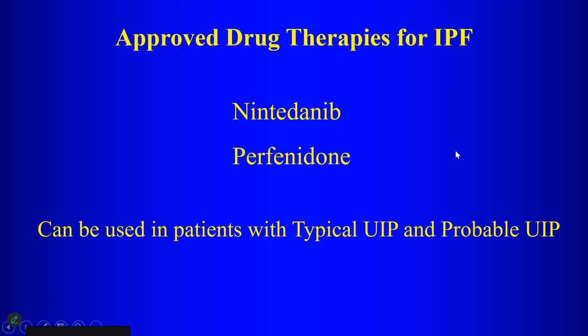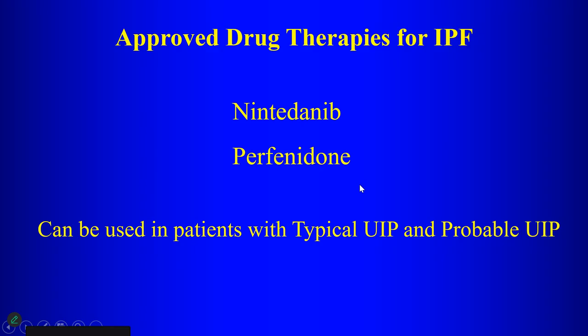These findings, as we've discussed, can point you to an alternative diagnosis as opposed to UIP or idiopathic pulmonary fibrosis. Now that there are these drug therapies for idiopathic pulmonary fibrosis, these drugs can be used for idiopathic pulmonary fibrosis or for other fibrotic lung diseases where the patient has progressive fibrosis. So it's not just IPF where they can use these drugs to treat patients with pulmonary fibrosis.